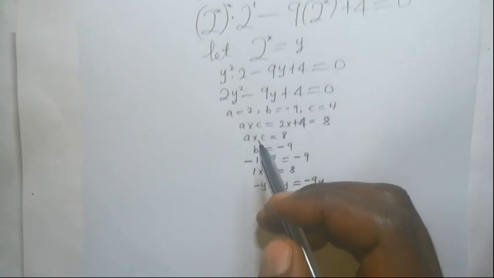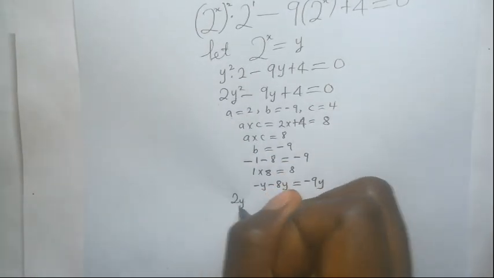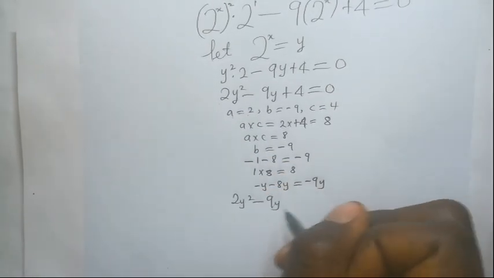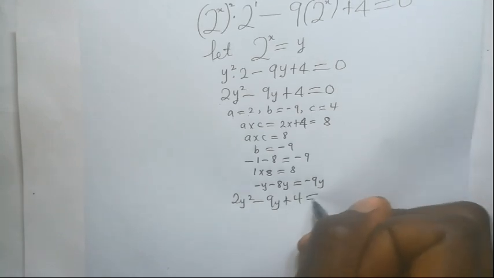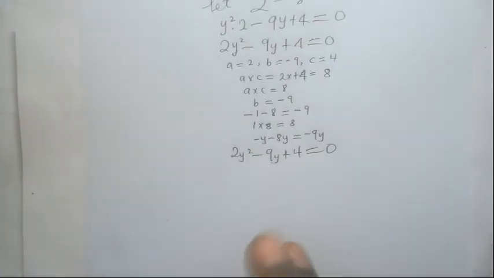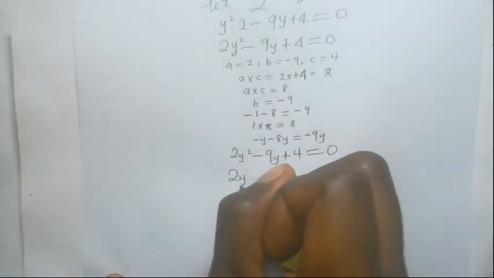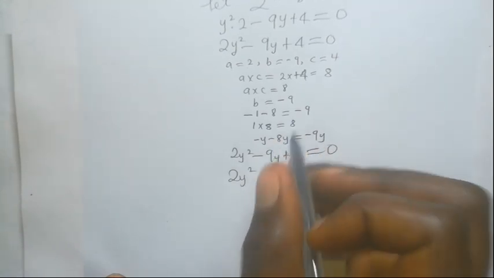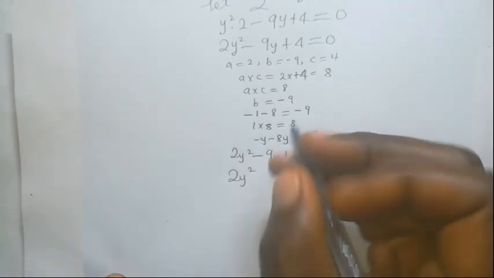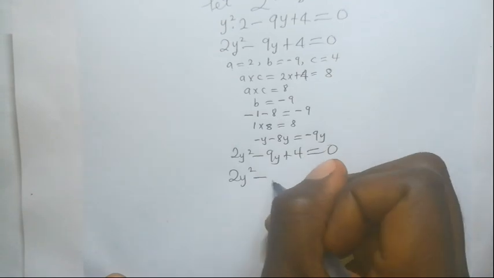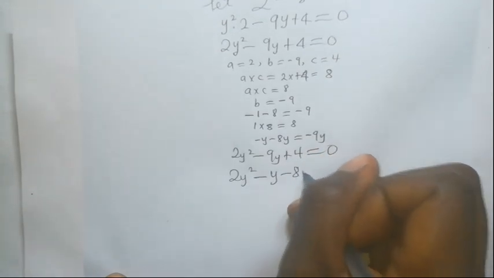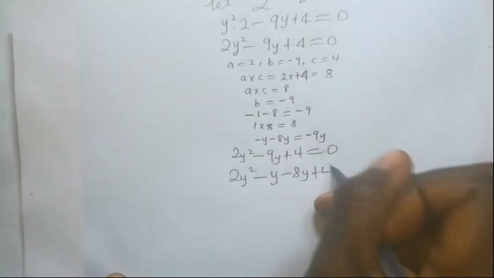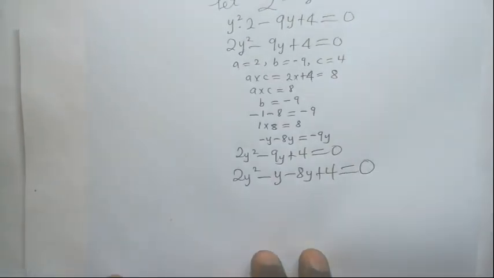So we are going to apply it here. We now have 2y squared minus 9y plus 4 is equals to 0. So 2y squared, in place of minus 9y, I'm going to substitute this. We are going to have minus y minus 8y plus 4 is equals to 0.